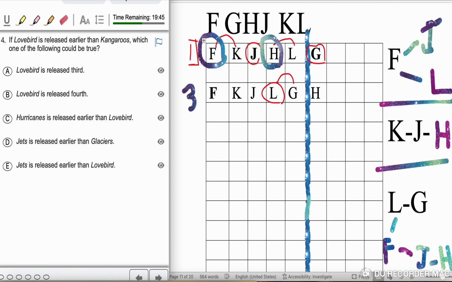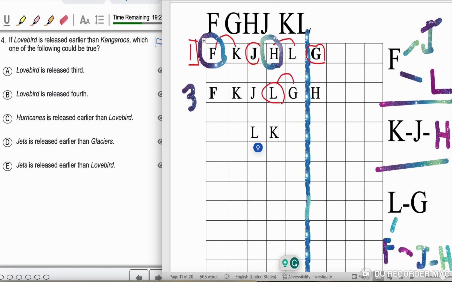Question 4, if L is released earlier than K, which of the following could be true? So we're going to put L in a position here, and then we're going to put K in a position where it could be released after. And let's see, according to the rules, J, H have to come in a position.